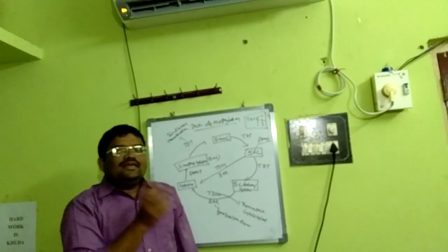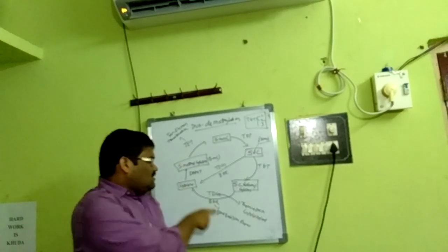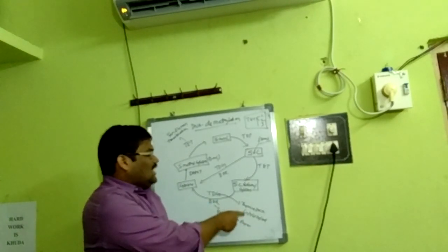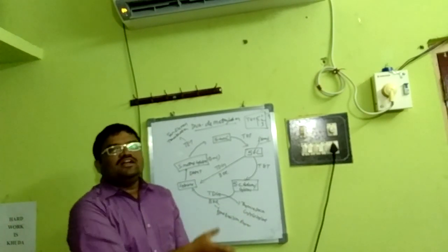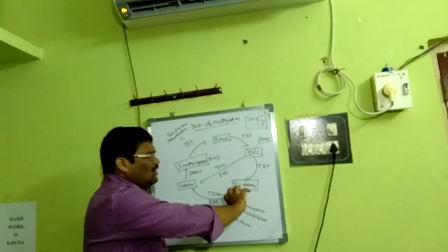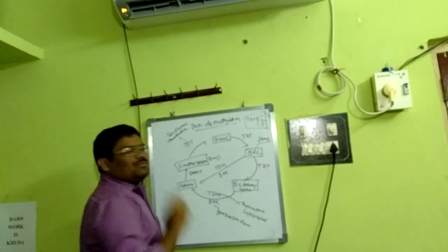Same concept here: a wrong base has to be removed by means of BER, base excision repair. Before that, thymine DNA glycosylase, and after that BER will come into operation. So that will convert an unwanted, wrong base into normal cytosine.